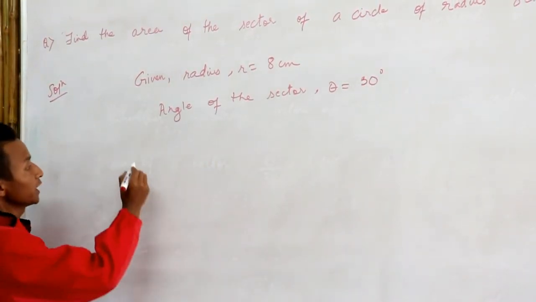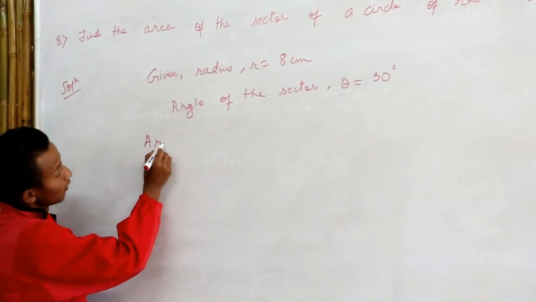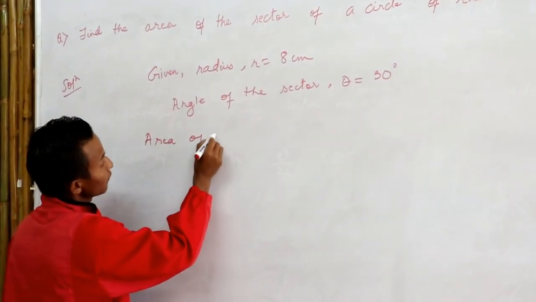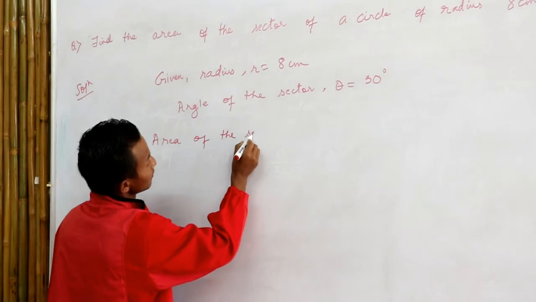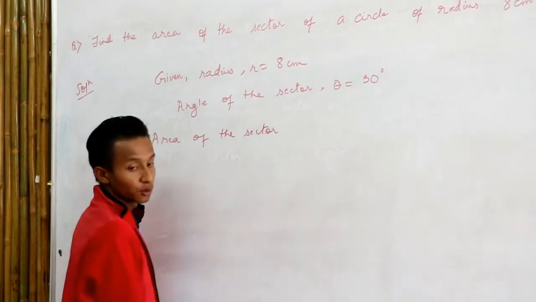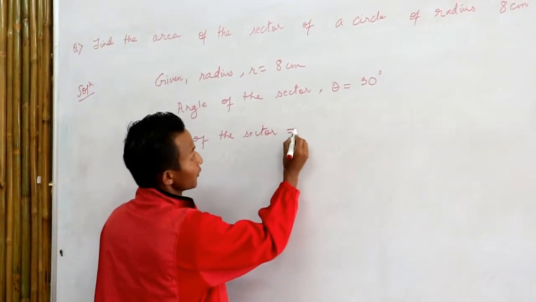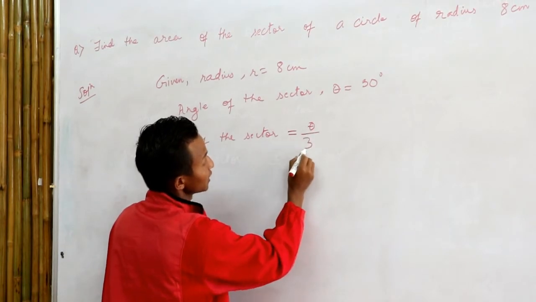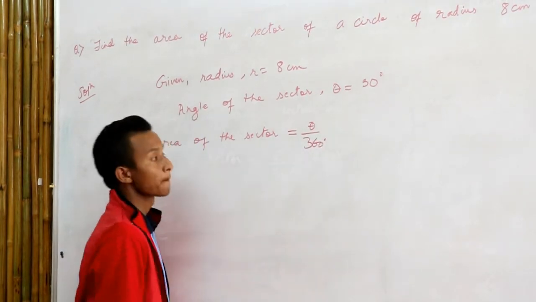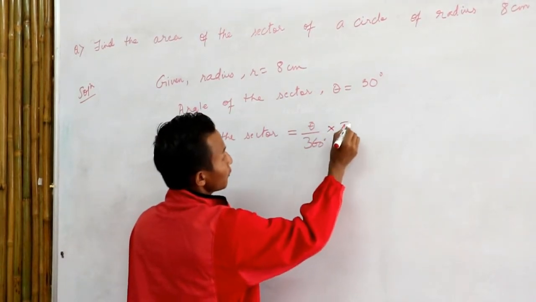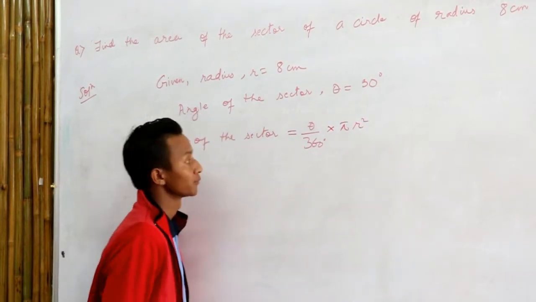We have to find the area of the sector, which is given by theta by 360 degree into pi r square.